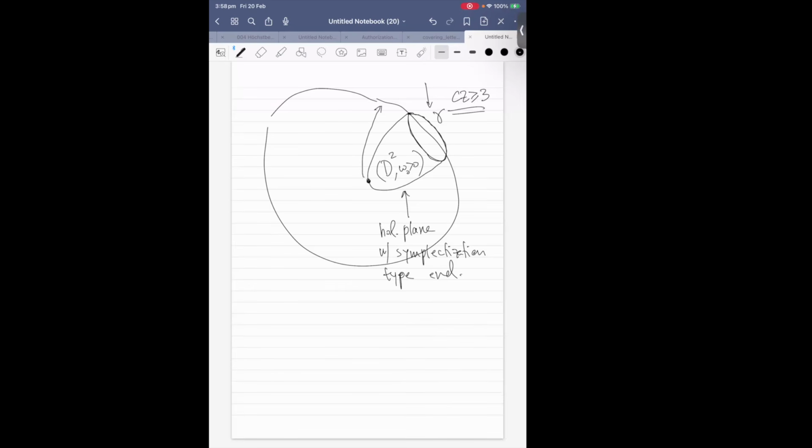This plane started embedded, and intersection theory tells us that it's going to stay embedded. So when it's completely inside the symplectization part, it's going to project to an embedded plane. So the orbit has to be unknotted. That's basically the argument.